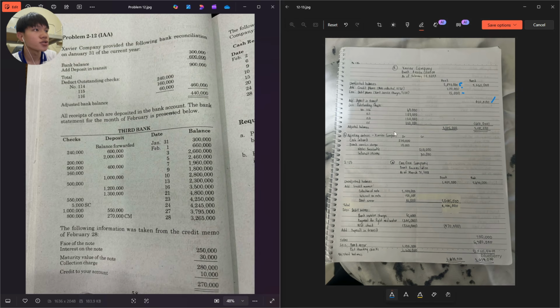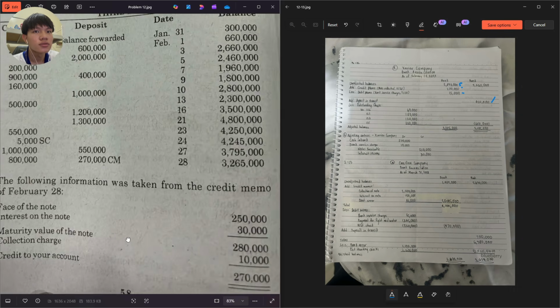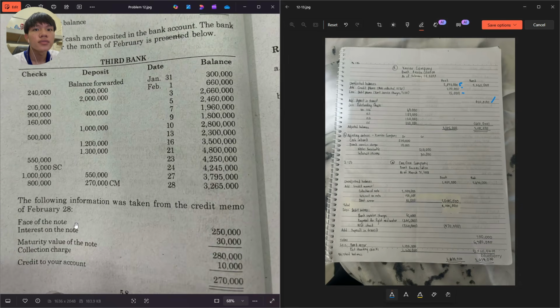So it balances. And then for the adjusting entries, cash in bank 270,000, bank service charge 10,000. So why is that? Here, in order to see it clearly, the face of the note, the interest on the note, the maturity value of the note, the collection charge, and the credit to the account, 270.